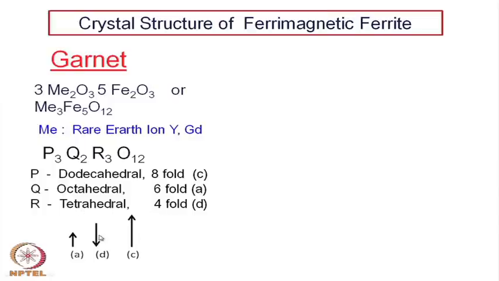So, that is the origin, and there is a net finite magnetic moment which comes, and so it becomes a magnetic material as such, just like any other ferrimagnetic material. So, garnet structure is also very important from the point of view of ceramic magnets.